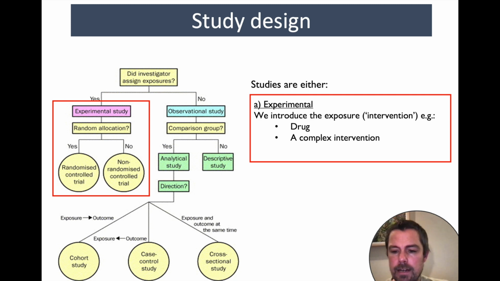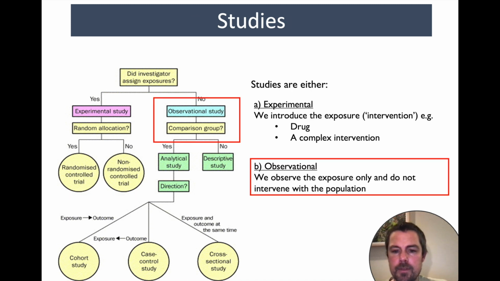I've also mentioned that randomized control trials are useful because they can eliminate the concept of confounding, which is present in observational studies. So in an observational study, the study investigators sit back, they don't intervene in the population, they just observe the population.